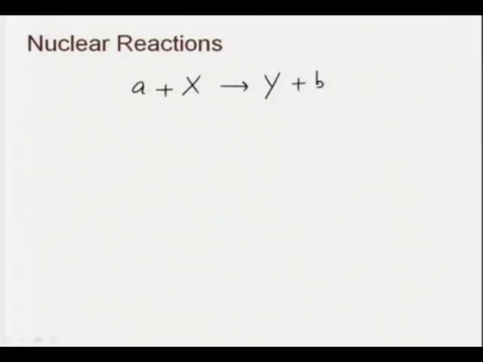So, this could be an alpha particle bombarding a gold nucleus or some other nucleus. The resultant B and y can in general be different from x and A, but in particular cases like elastic scattering, they could be the same as well.